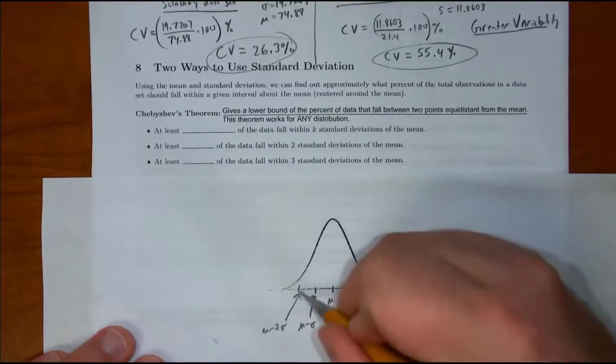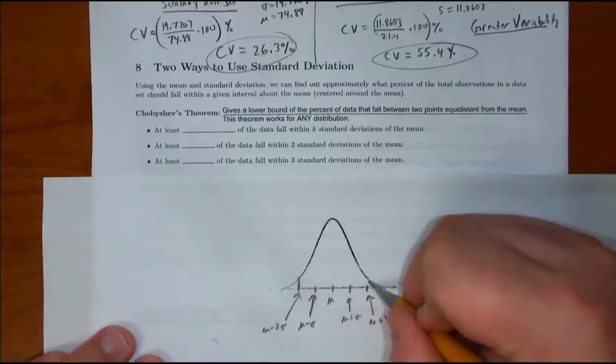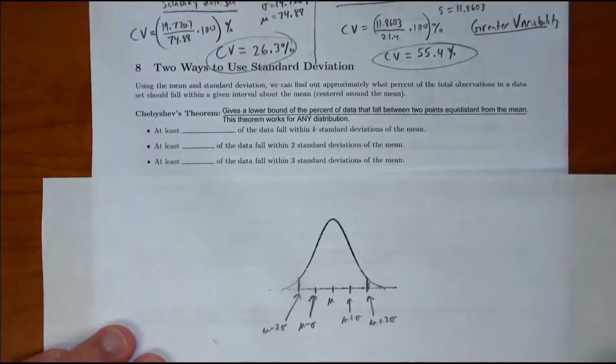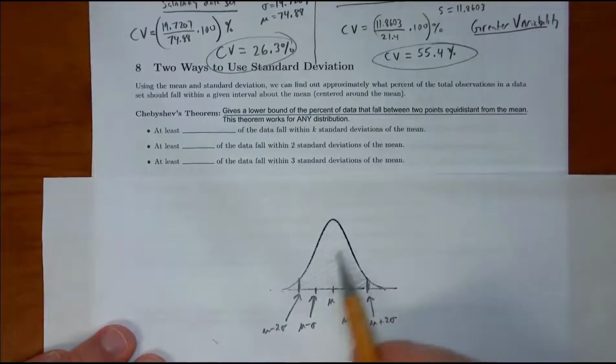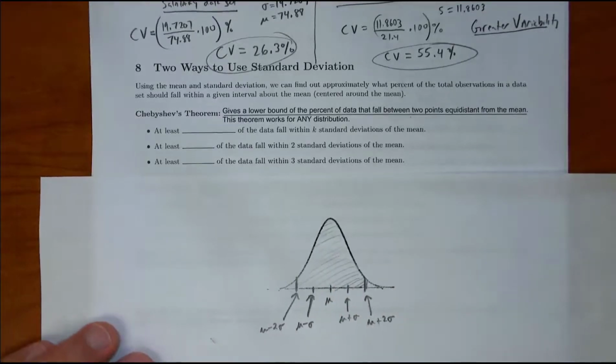So if you look at two points equidistant from the mean, and you look at all the data between those points, Chebychev's theorem is going to tell you at least what percent of data has to be shaded there. Look to the left a certain number of standard deviations, look to the right, and Chebychev's theorem says how much data you should expect there at least.